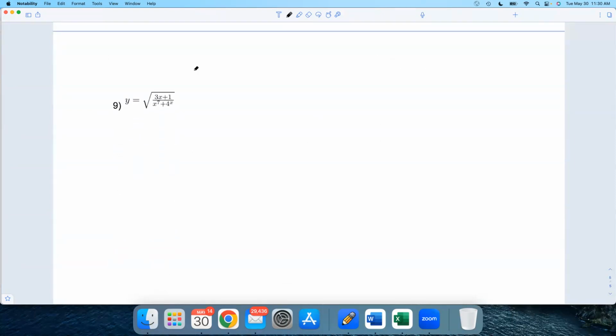Okay, I've got a chain rule here. I've got a function inside another function. So I'm going to have to chain rule that. I would first think of this as y equals all this junk to the 1/2 power, and then use power rule. So I'm going to have to do some chain ruling here.